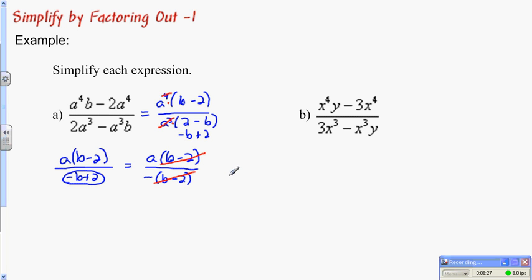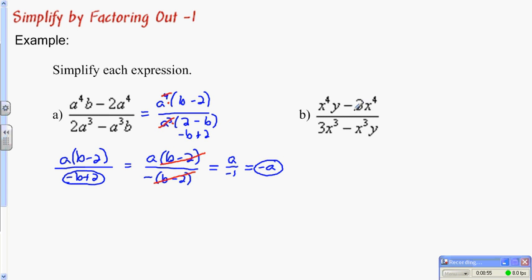Now they cancel. But what we've created now is a over a negative 1, which means just negative a. I don't know if you remember this, but when we did some factoring earlier in first quarter, we made this observation to have the ability to change the signs when we needed to. I think that came into play with factoring by grouping.